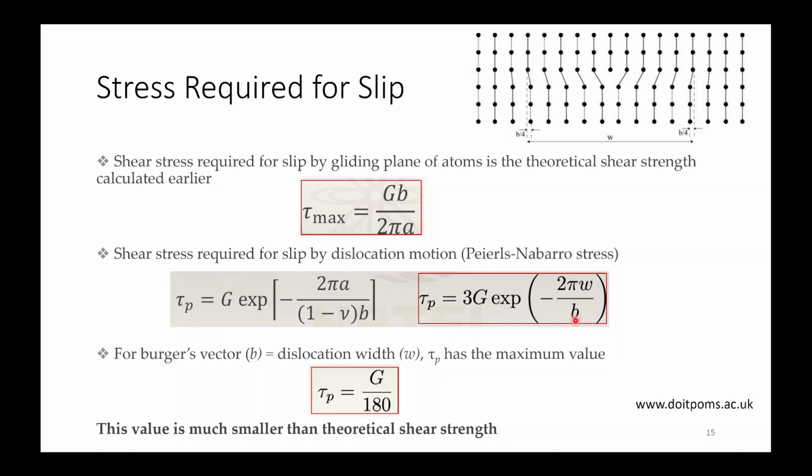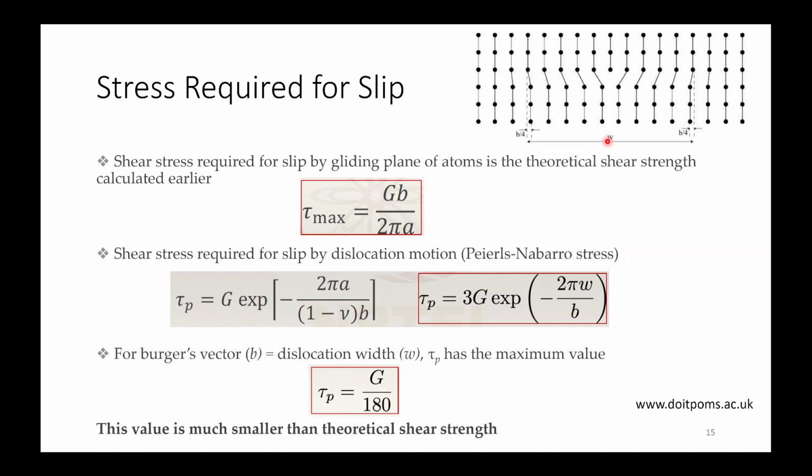Here your b is the dislocation width, so this also matters. If the width is higher, it will extend up to the distance of the Burgers vector times 4. So this type of displacement should be there, and up to that we'll be counting the width of the dislocation.